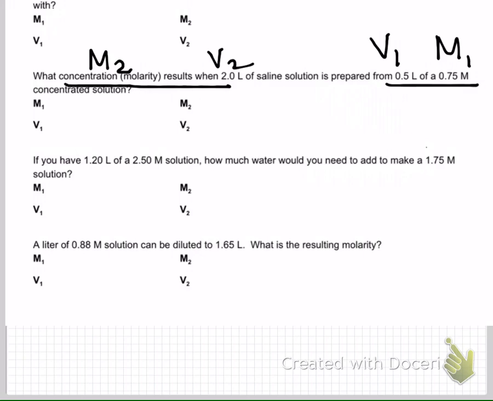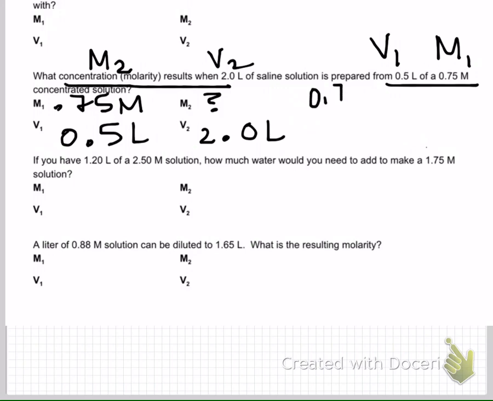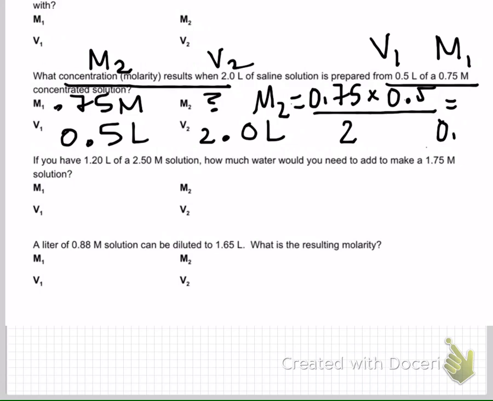We're going to plug all that in, and again, to get M2, you're going to do M1 times V1 over V2. So that's going to be 0.75 times 0.5 over 2, and that's going to equal 0.19 molar.